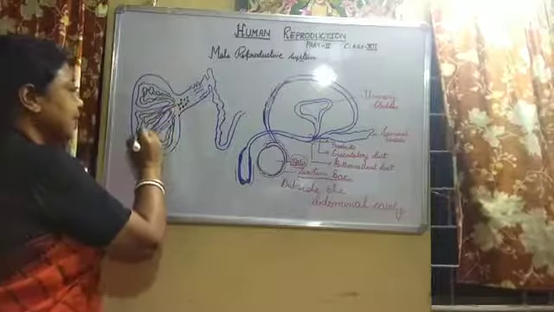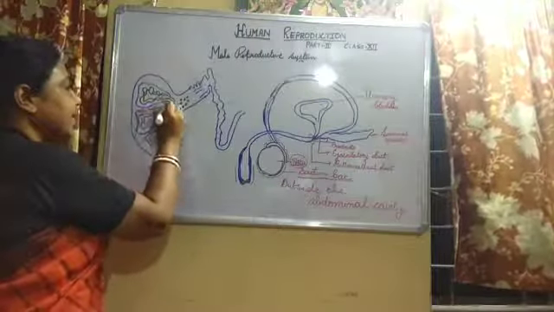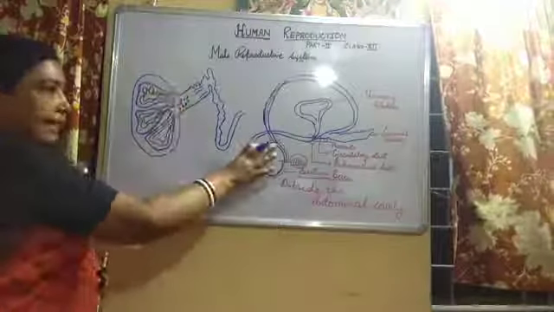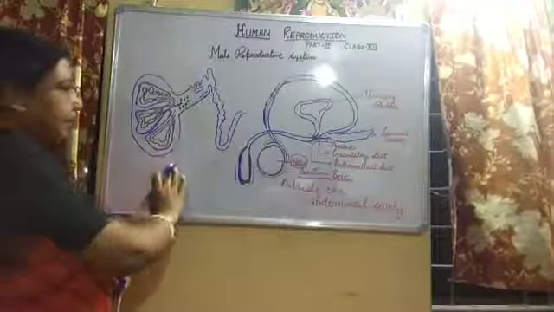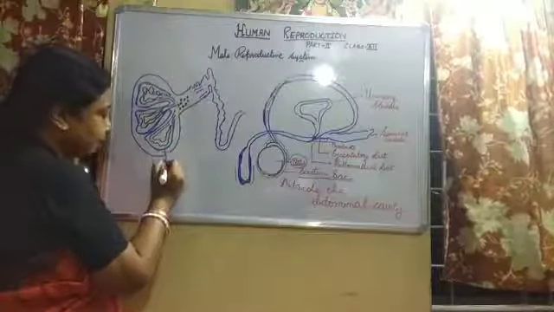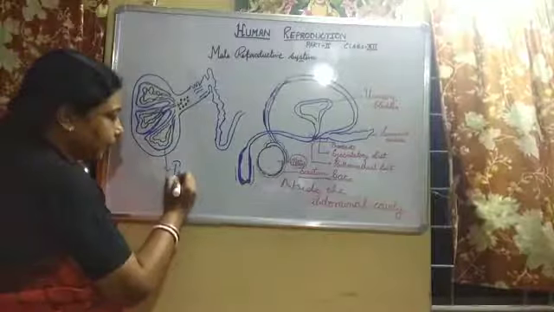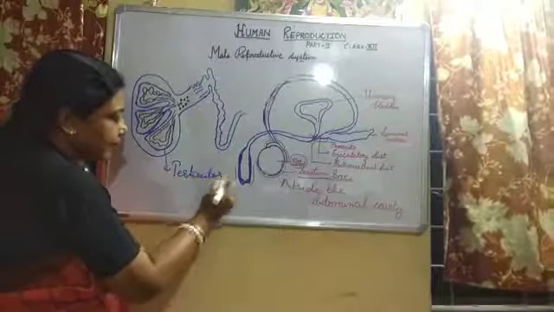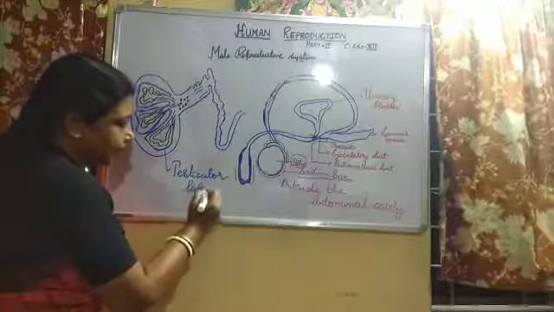See, these are the compartments in the sectional view of the testis. That much you remember? Then you come here. This compartment in the sectional view, you know what it is known as? Testicular lobules.